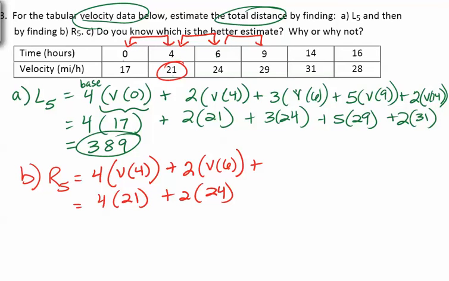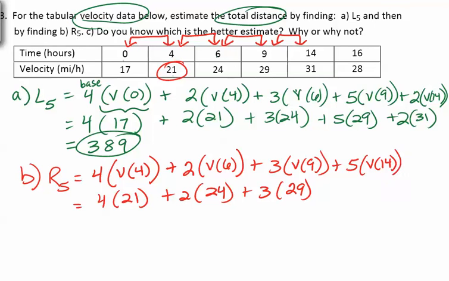And our next rectangle still has a delta x of 3, just like it did up above, but this time we're measuring the velocity on the other side. So this will be a 29. And our next rectangle has a distance or a base of 5, and we're going to measure the velocity at 14. So you'll notice again that it's the start and the end that differ.